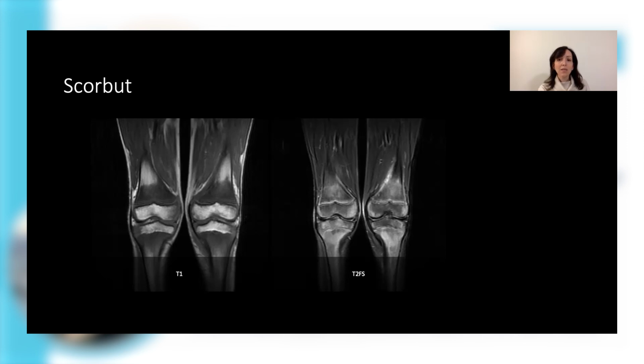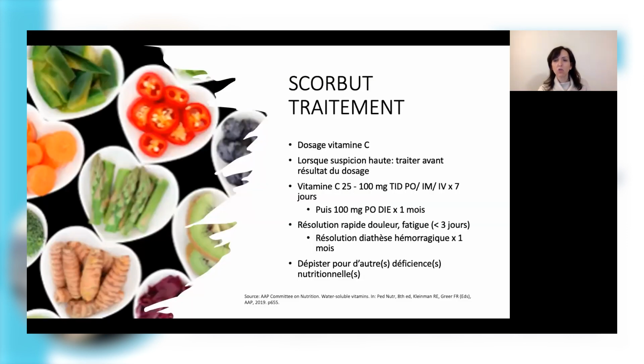Although it takes a long time to get your vitamin C level from a lab, if you think it's scurvy, just treat it, because if it is scurvy, the treatment will give you the diagnosis. We gave high doses of vitamin C, and it's easy because you can give it by mouth, intramuscularly, or IV for 7 days straight. By day 3, you should already have almost resolution of the bone pain.